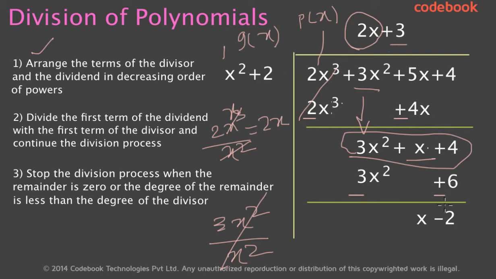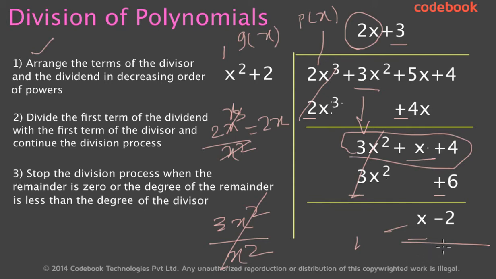You write down 6 below the constant term and then subtract again. When you subtract, 3x squared gets cancelled out and you will have x as it is, and 4 minus 6 is minus 2. If you observe this remainder, its degree is 1 and the degree of your divisor is 2, which means the degree of the remainder is less than the degree of the divisor. So as per our step 3, we have to stop the division process right here.